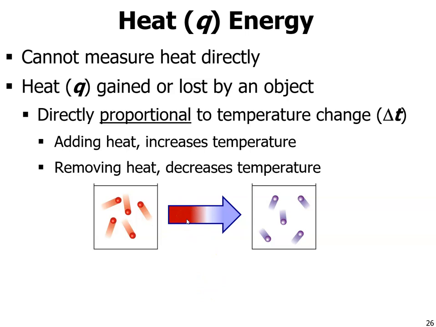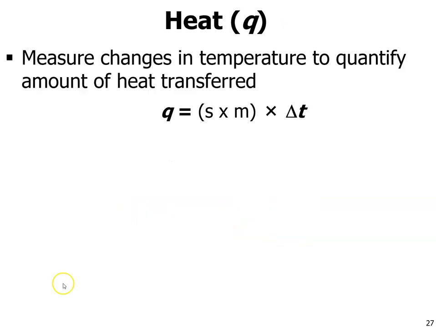We can't really measure heat, the total energy transferred. We can only measure the temperature, or the average kinetic energy of a system. So the relationship between heat and the change in temperature gives us some idea of how this works. This is how we can use temperature to calculate the heat.